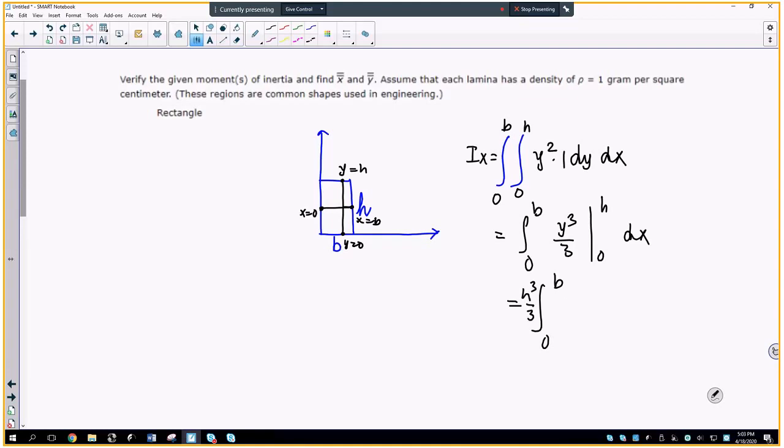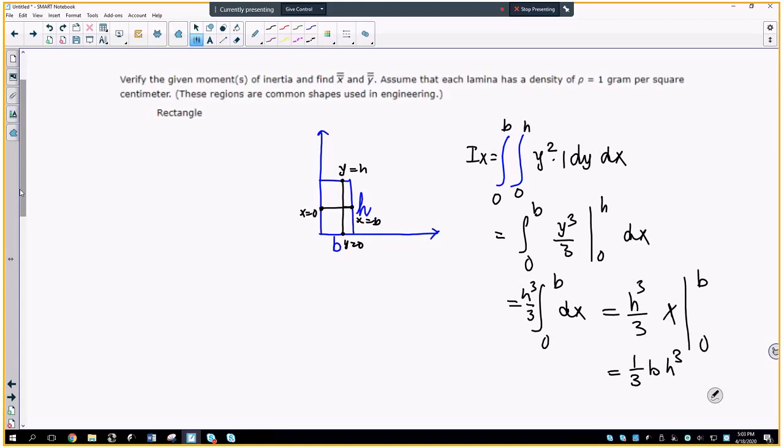And I am integrating dx, so the integral of 1 is x, and I get the limits 0 to b. So what do I get? I get 1/3 b h cubed as the moment of inertia.